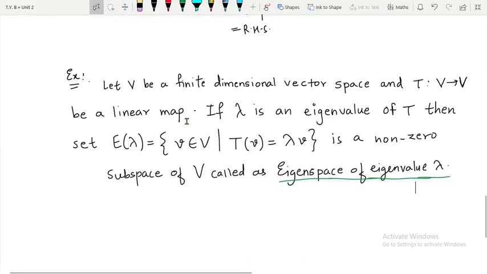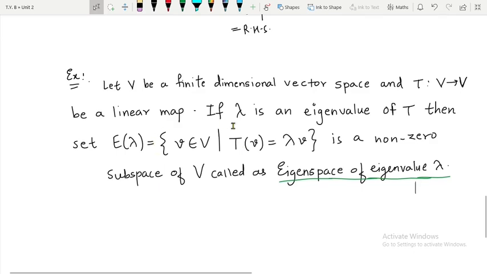Now let us see this example. If V is a finite dimensional vector space and T from V to V is a linear map, and if lambda is an eigenvalue of T, then this set is actually a non-zero subspace of V, and it has a special name. It is called the eigenspace of eigenvalue lambda. Why is it called an eigenspace? Because see the set properly. It is a collection of all those vectors V such that T of V is equal to lambda V. If you look at it, you will definitely recall the definition of eigenvalue and eigenvector.